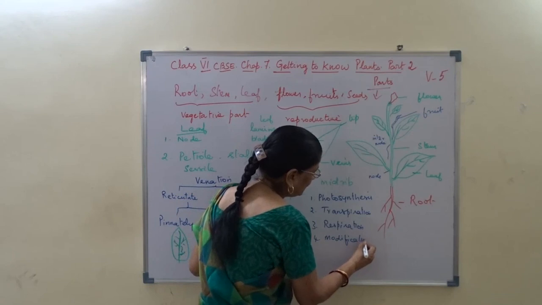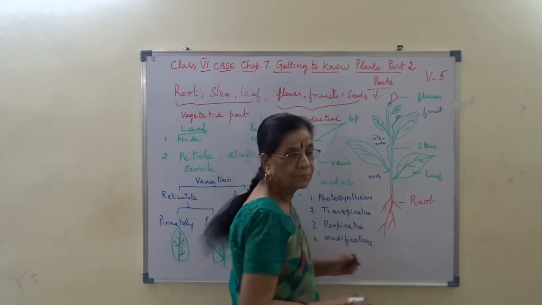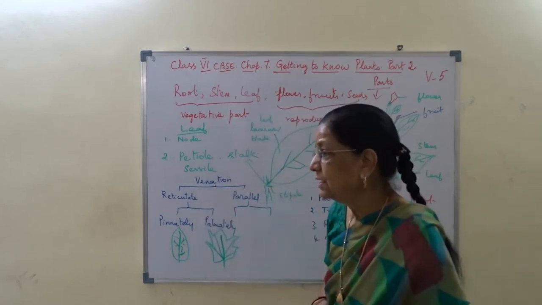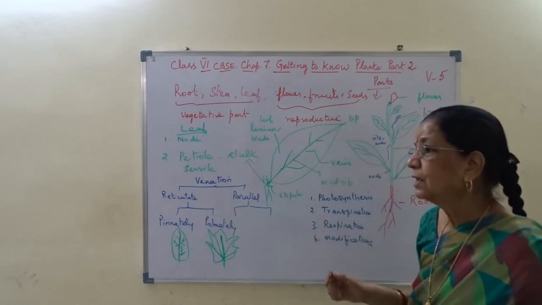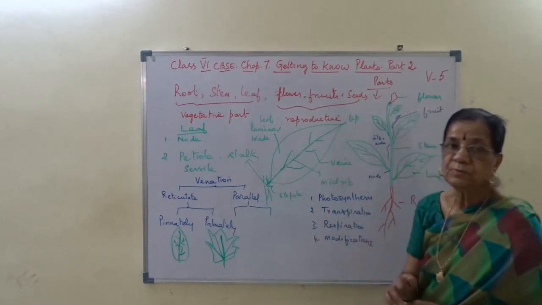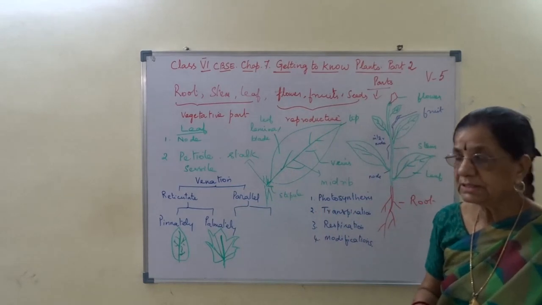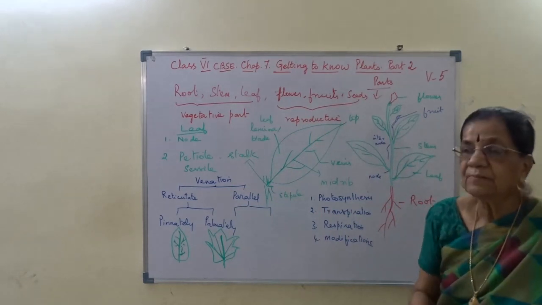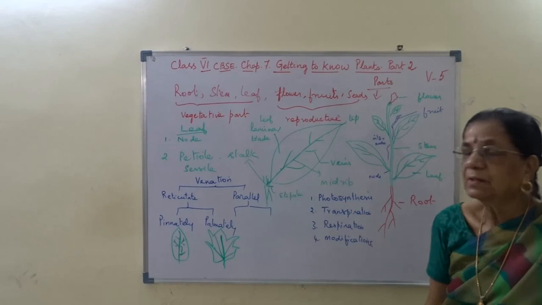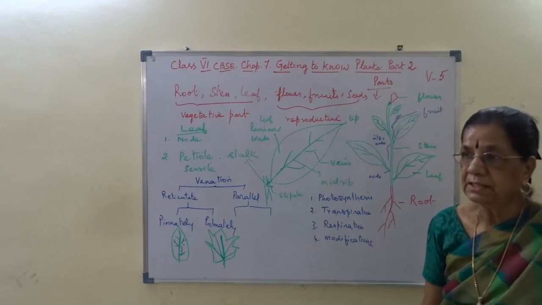They have some modifications. So these are the functions of the leaf: photosynthesis, transpiration, respiration, and modifications of leaf.